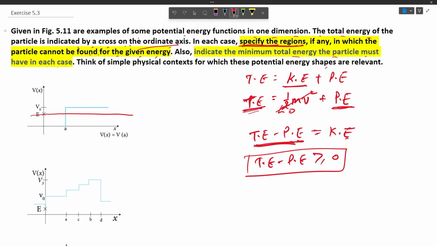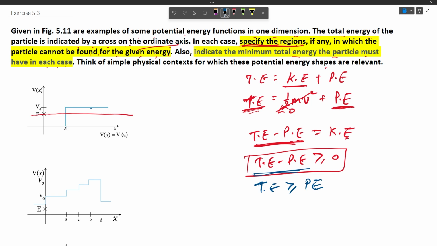So let us see the first question. Here the total energy is this line, and in the region after a, we can see that the potential energy V0 is of magnitude greater than E. Using this expression, it will turn out to be negative, because total energy should always be greater than or equal to potential energy. Here total energy is less than the potential energy, that is, this line is below the red line.